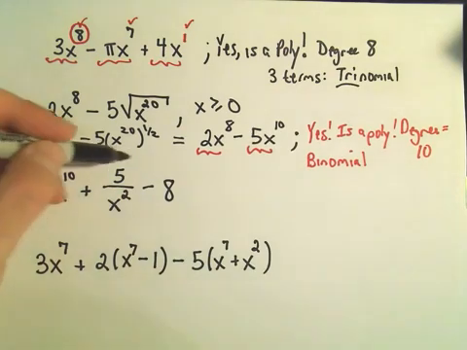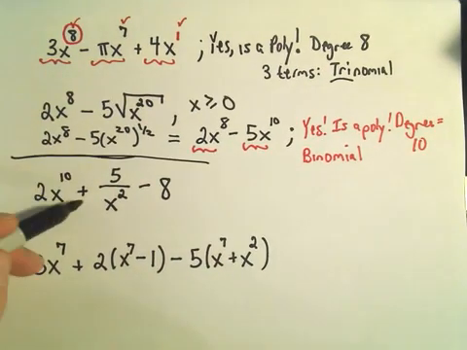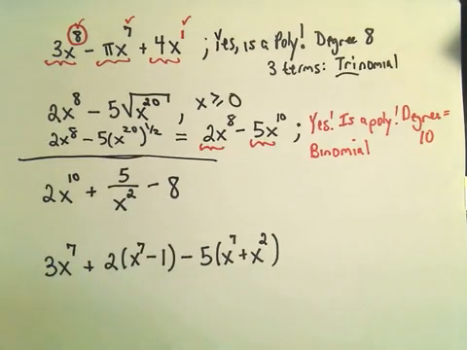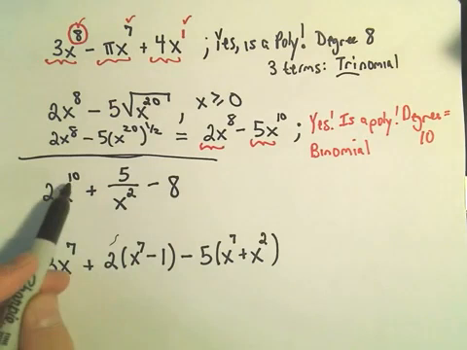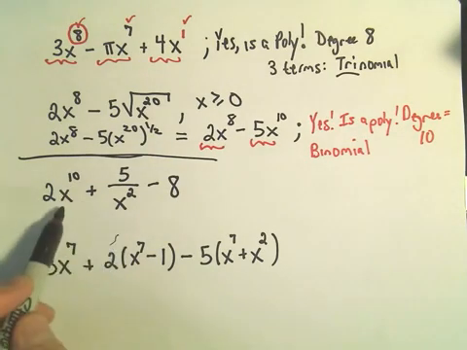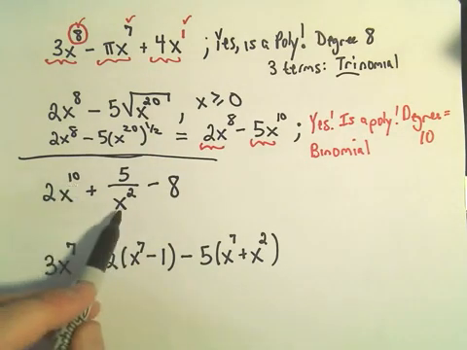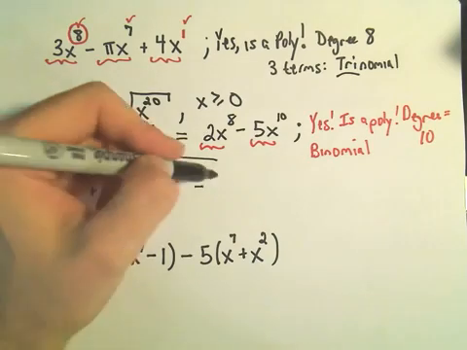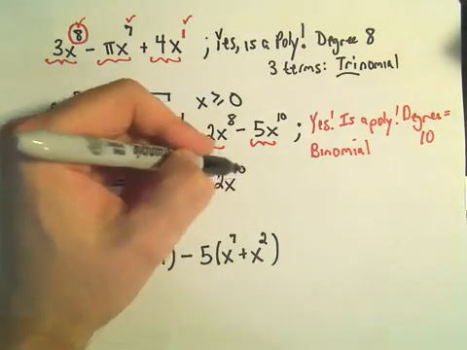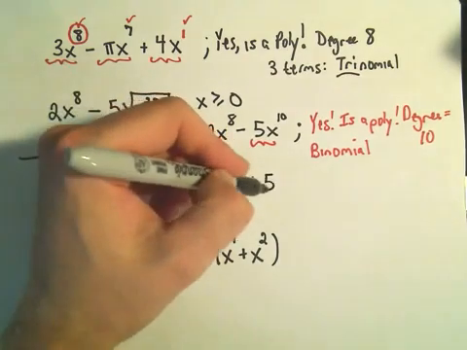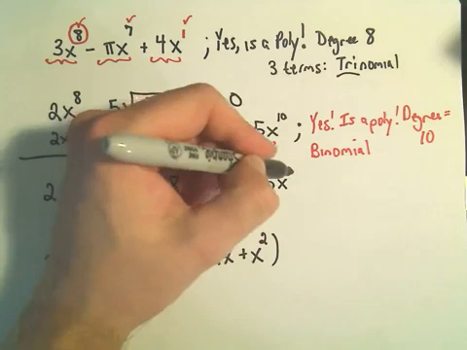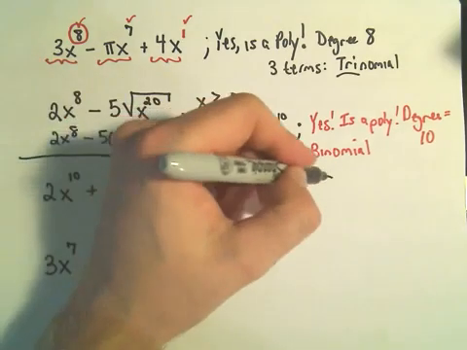So let's go to our next one here. 2x to the 10th plus 5 divided by x squared minus 8. It might be easy to say, hey, that's a polynomial because I see an x to the 10th and an x to the positive 2nd. But again, always rewrite these so that the x's are not in the denominator. Well, I could bring the x squared upstairs as x to the negative 2nd.